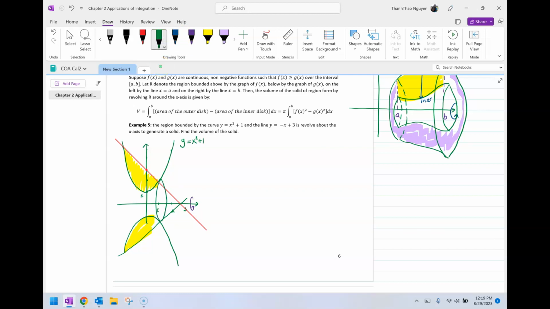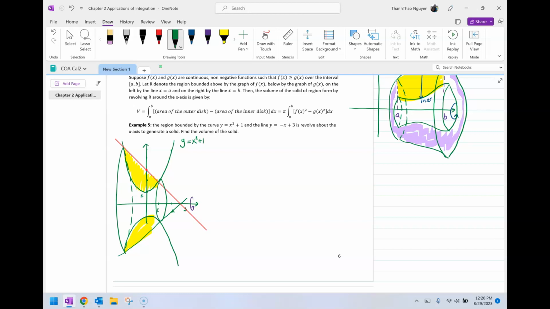This figure has a hollow in the middle. It looks like a cone that's been chopped off at a little corner.